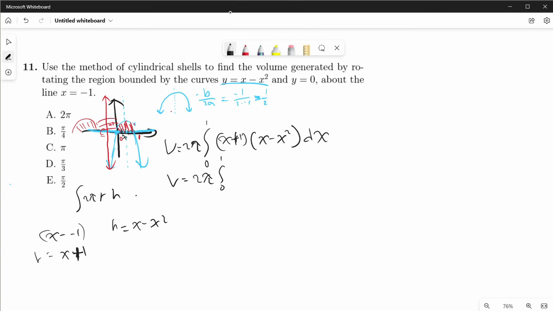Simplify inside, so we have x squared plus x minus x cubed minus x squared.